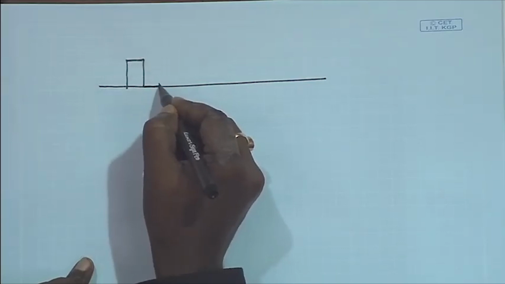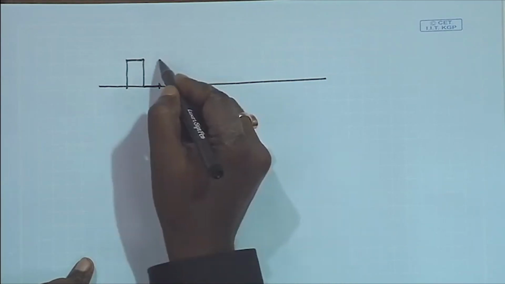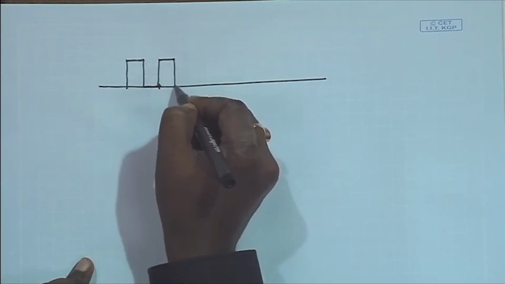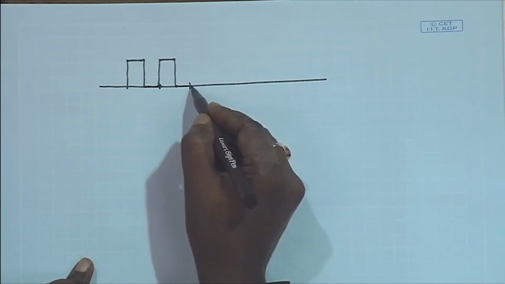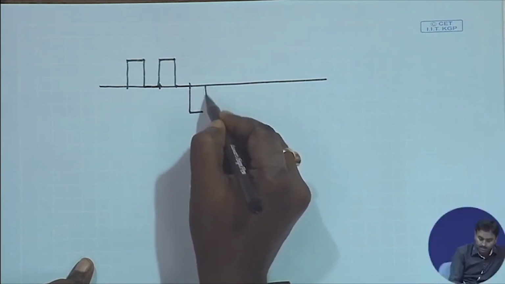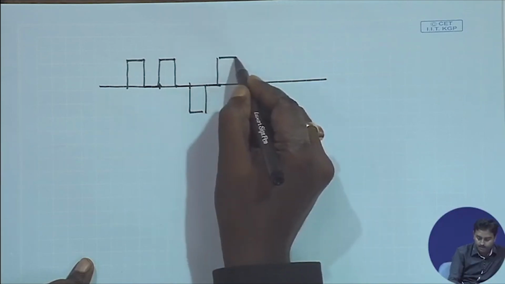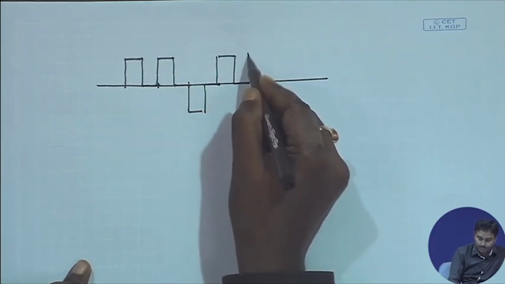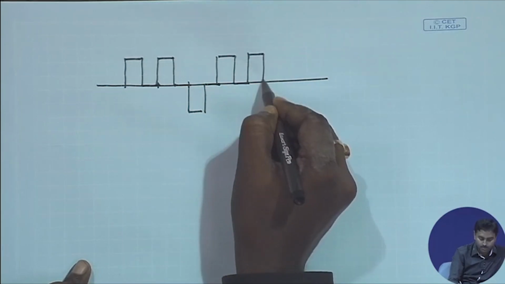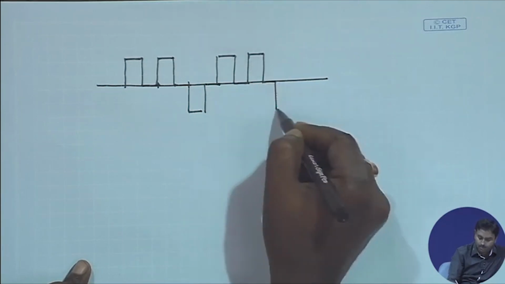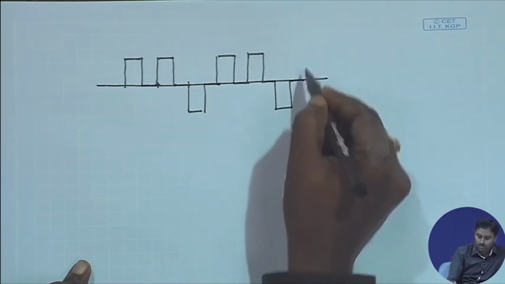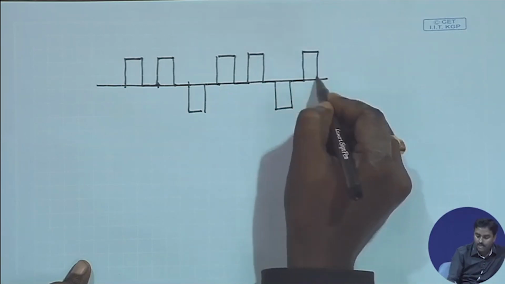Suppose the first one is 1, then the next one is 1, next one is 0, next one is 1, again another 1, then 1, 0.